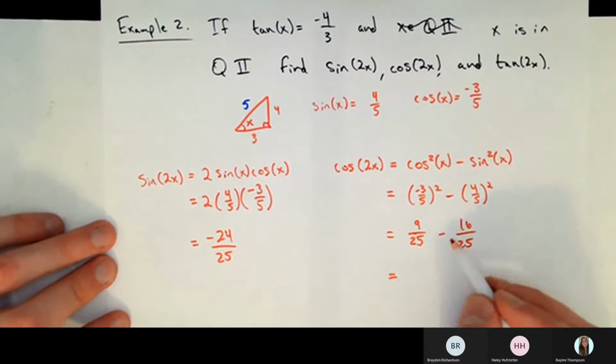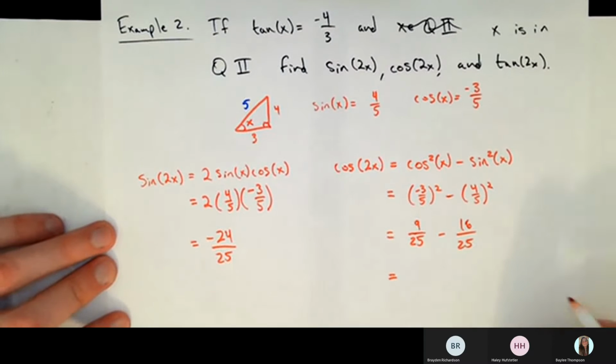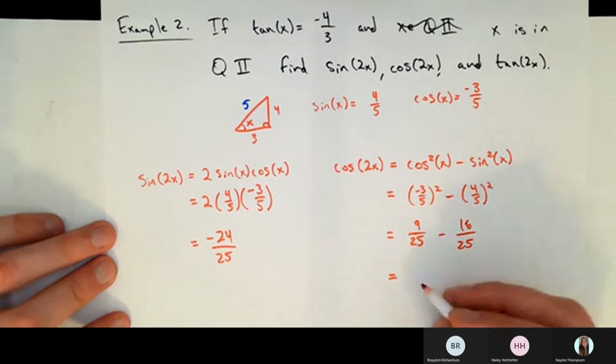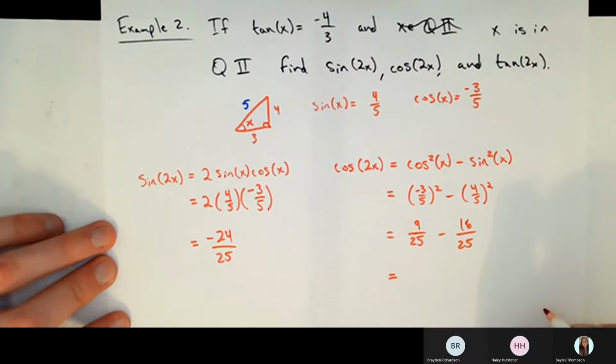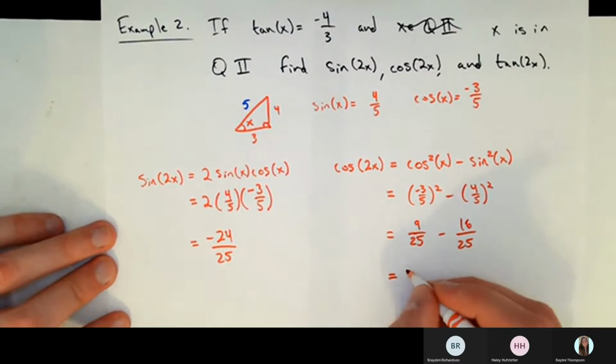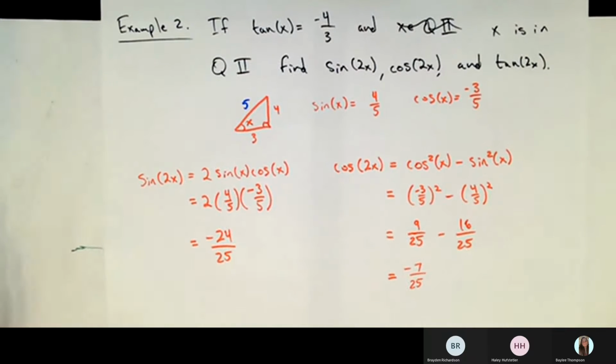So I'm getting 9 minus 16, which is -7. Okay.